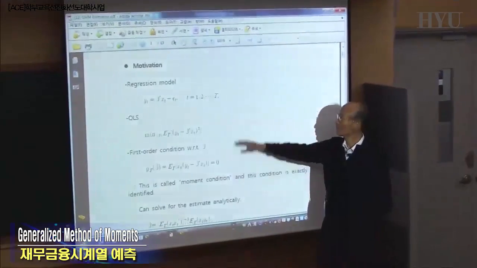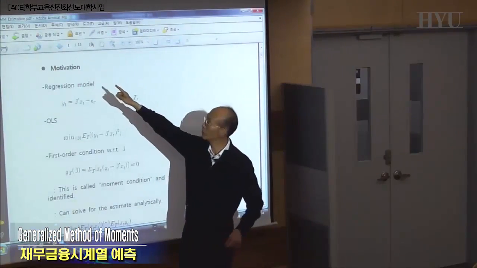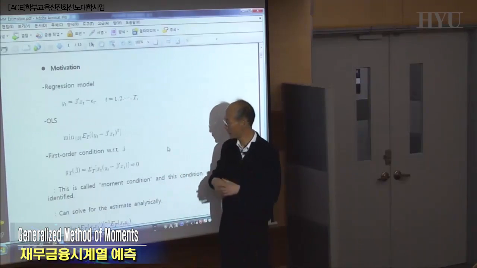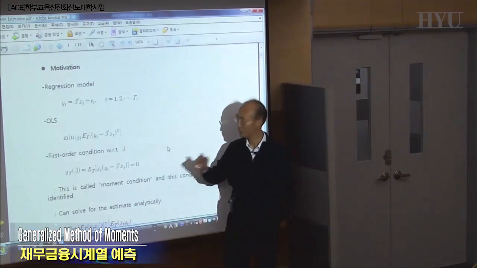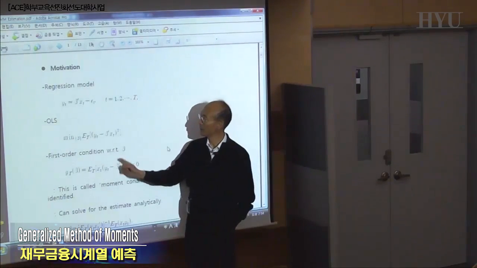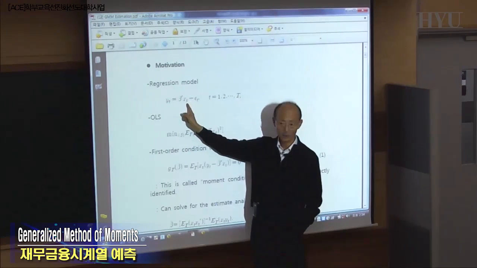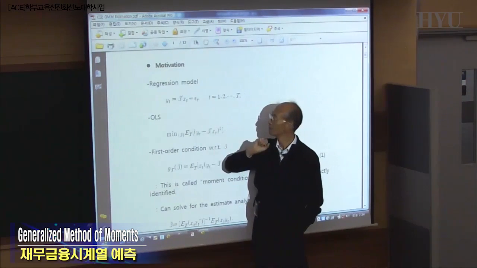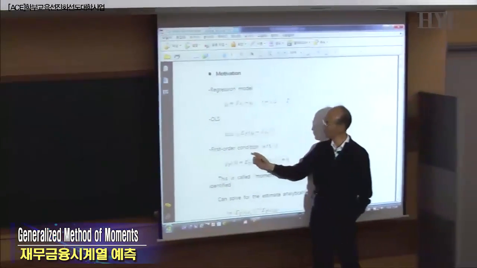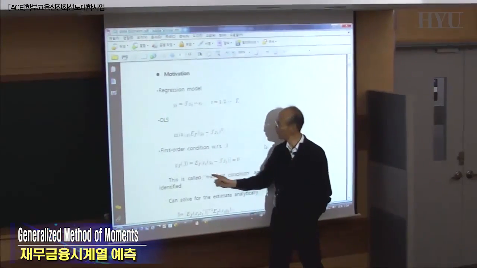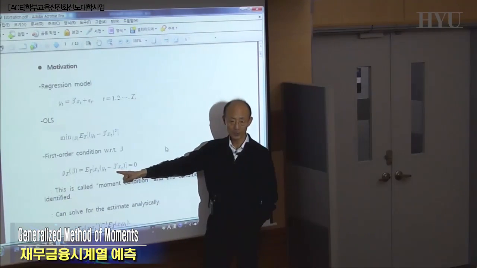As you see in the title of this lecture note, Generalized Method of Moments has something to do with the moment condition. Obviously, this problem is linear. But sometimes your objective function, your moment condition, may be non-linear in terms of the parameters to be estimated.